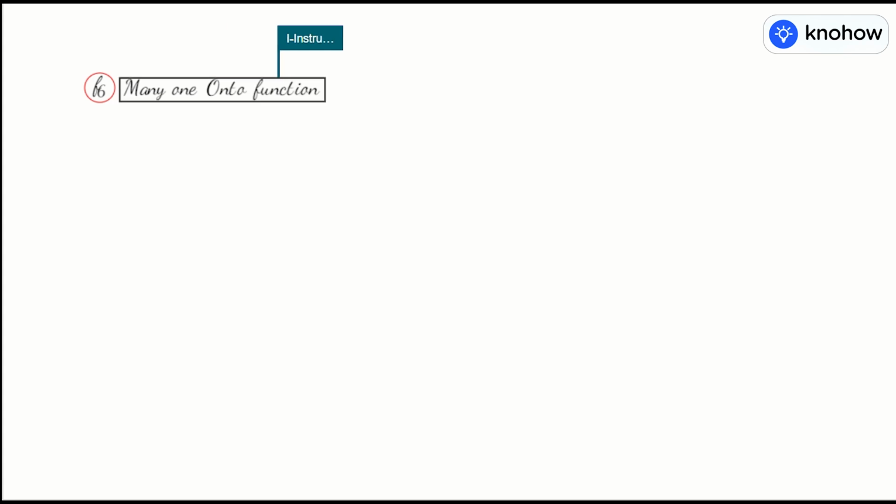So in example 6, it is a many-one onto function. So you find here we can have many-one onto function, we can have one-one onto function, and we can also have one-one into function. But this one-one onto function, specially, that is F4, is specially known as bijective.